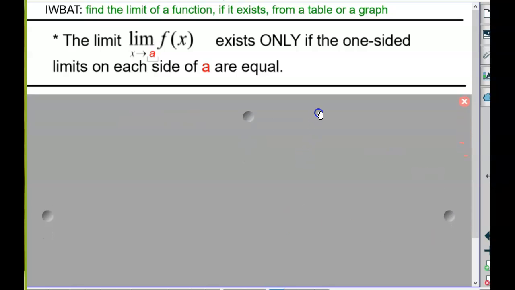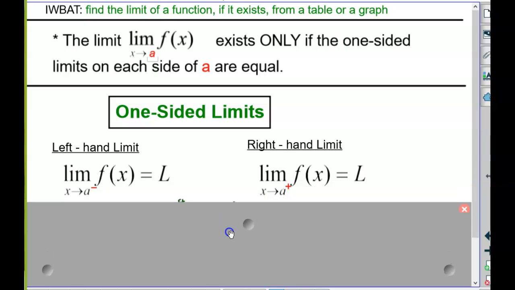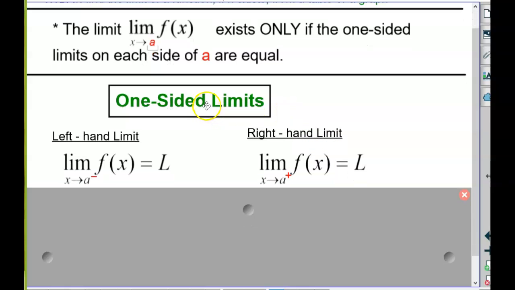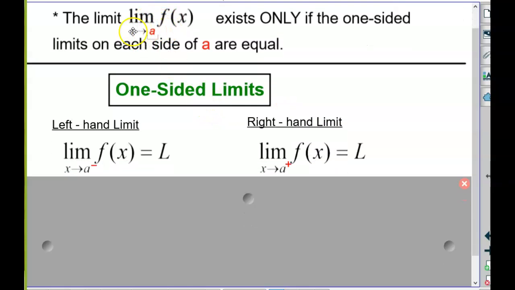All right, now, when we talk about the one-sided limits, one-sided limits are when we just look at one side of the graph, so approaching it from the left side or the right side. And there's a new notation. I definitely want you to write these two right here. So we know that if there is just x going to a, that means both sides.